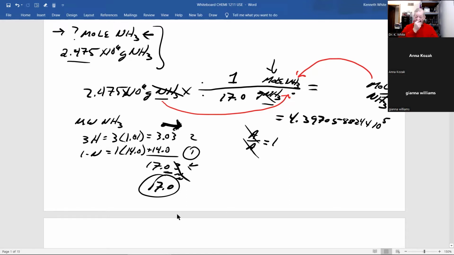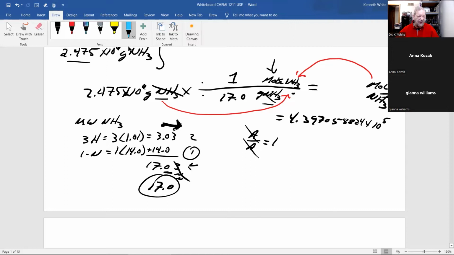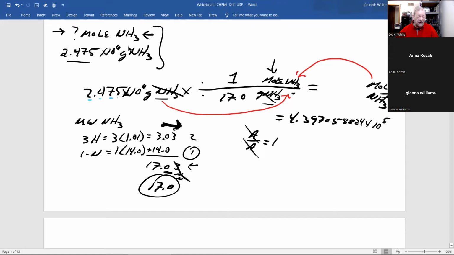Now, when you multiply and divide, you have the same number of significant figures in your answer as the number with the fewest significant figures. And you should be able to figure out this has 1, 2, 3, 4, all non-zero numbers are significant. 4 significant figures. The one mole is the definition, so that's an exact number.